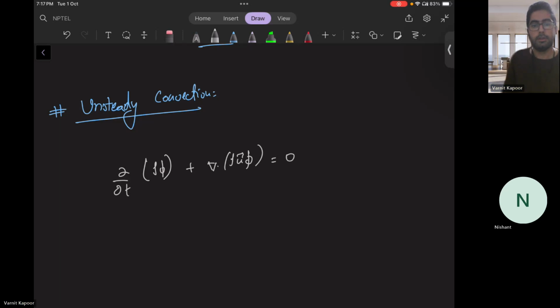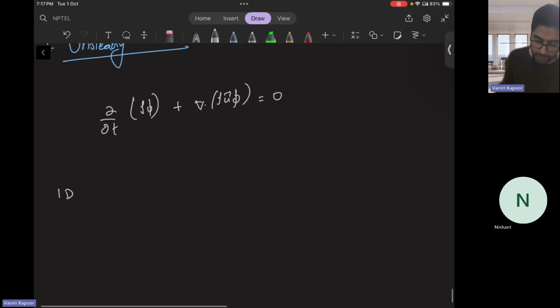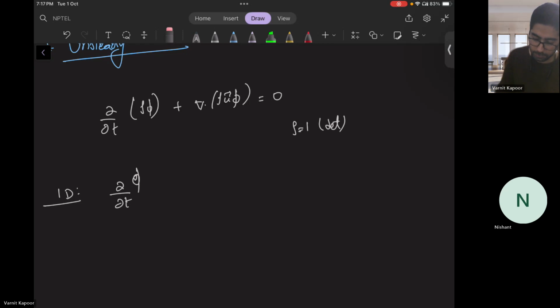If you consider a 1D scenario and assume ρ is equal to 1, then it will be ∂φ/∂t plus ∂/∂x of (uφ) equal to 0.